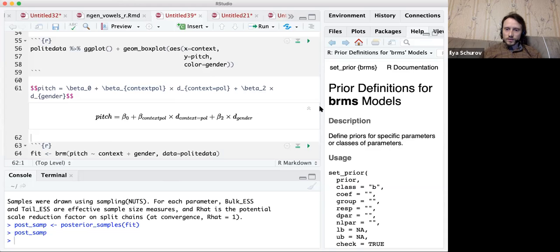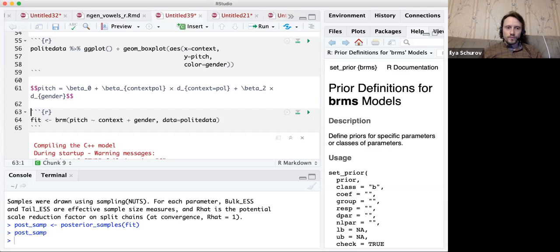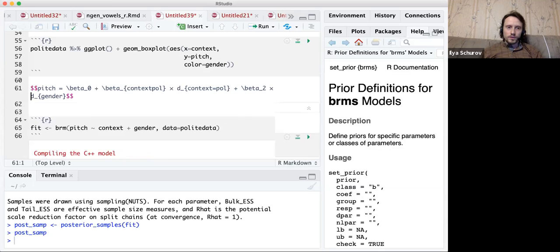Yes, this is correct. So if it occurs that this coefficient beta context pol is 10, then it means that we have a difference between two contexts. So if the value of this variable is 0, it means that context is informal, that this condition is violated. Then, okay, let me write it down.